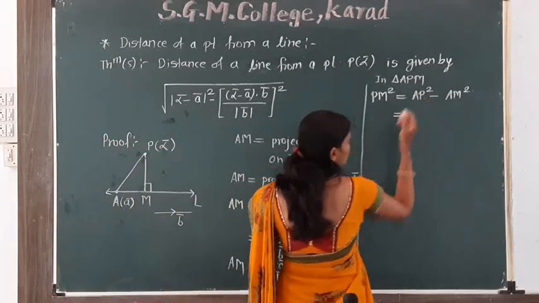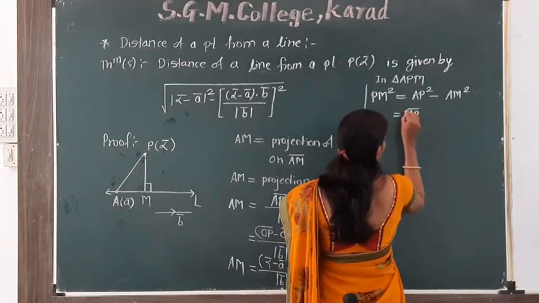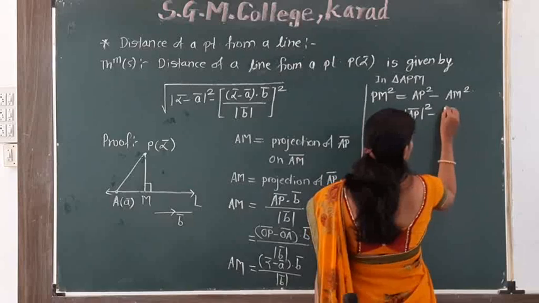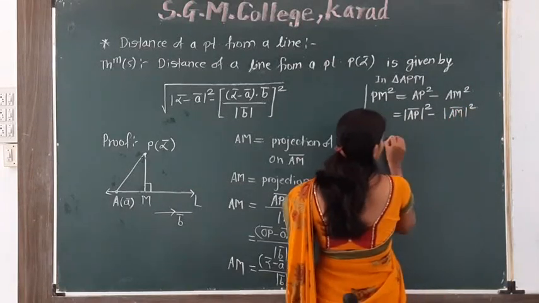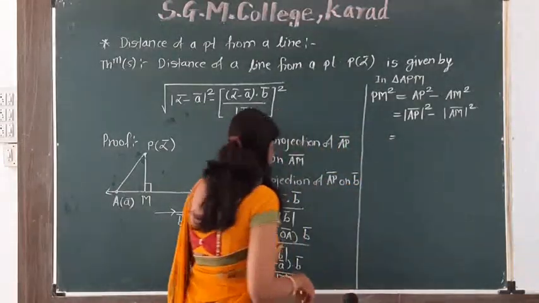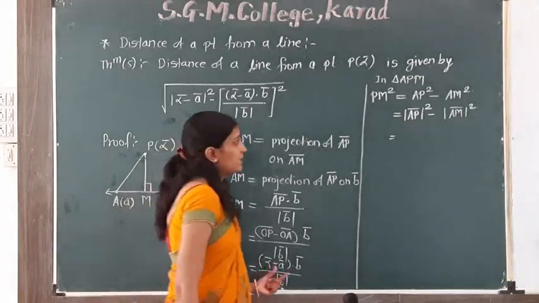So what is AP square? AP square means magnitude of AP bar square, and AM square means magnitude of AM bar square. AP bar means OP bar minus OA bar, and its value is alpha bar minus a bar.